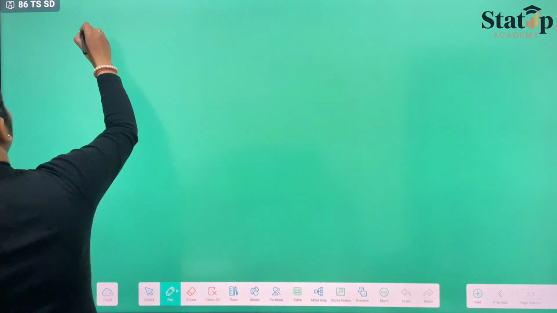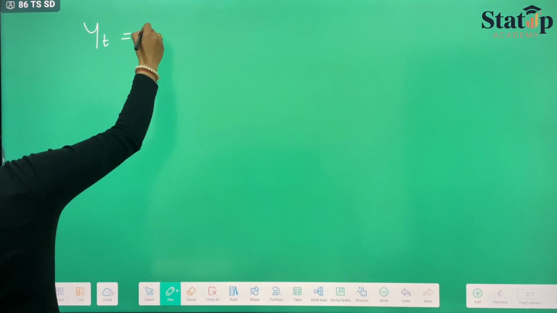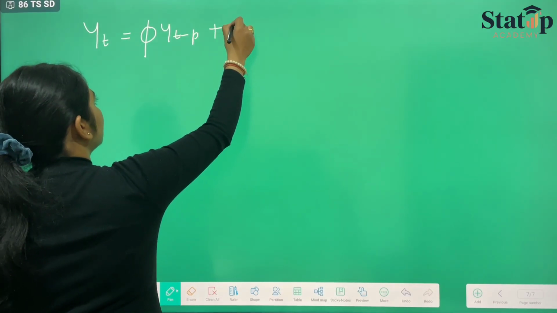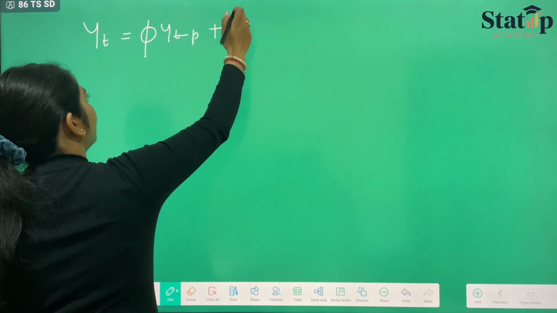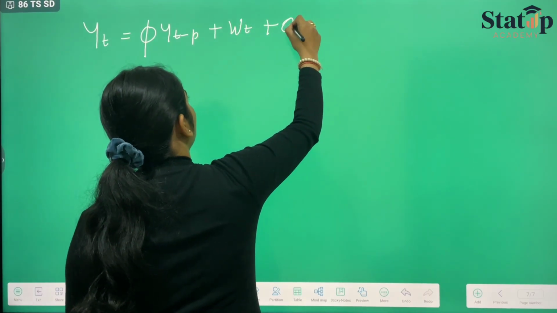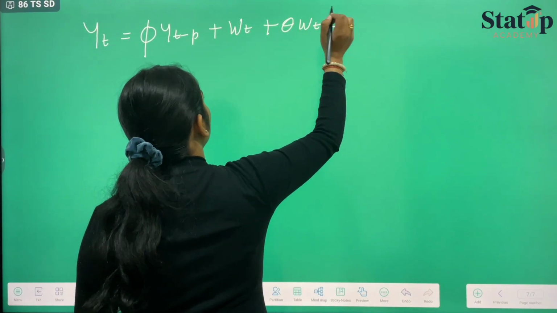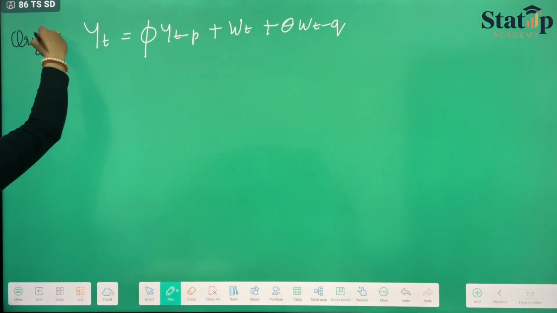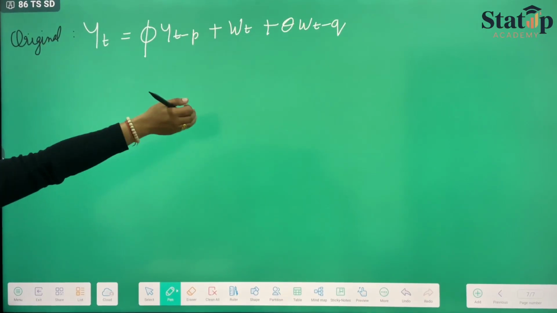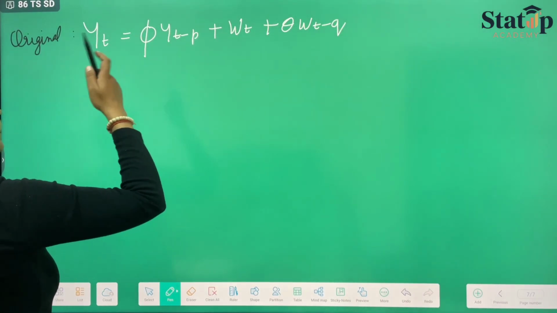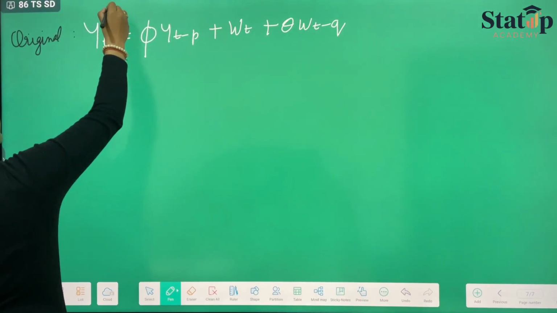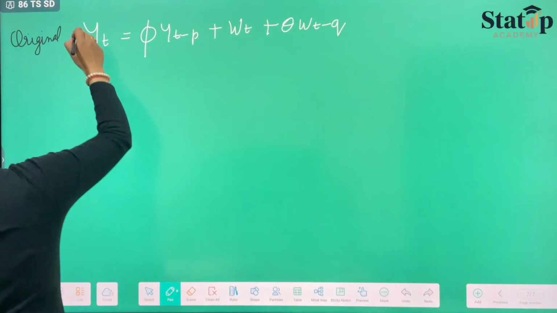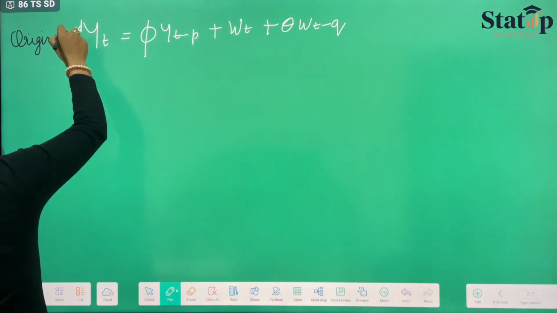Suppose this was our original model: yt equals phi yt minus p plus theta plus wt plus theta wt minus q. By estimating the values of p, q, and d, we get yt raised to the power d, or instead we can write delta raised to the power d.